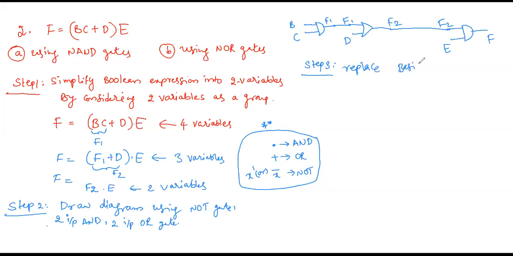Basic gate means NAND. Replace two input AND, two input OR, and the common NOT gate with NAND gate only. I am discussing NAND.